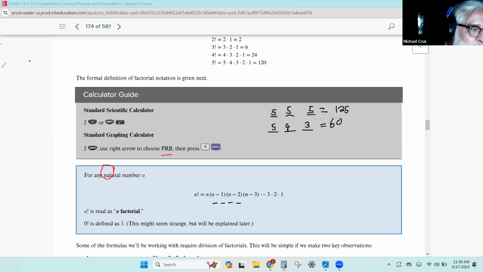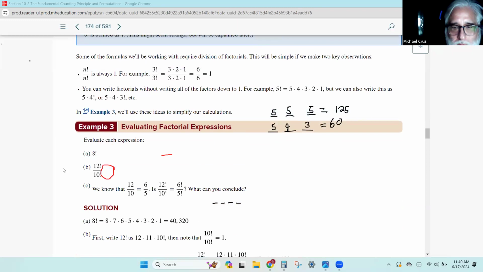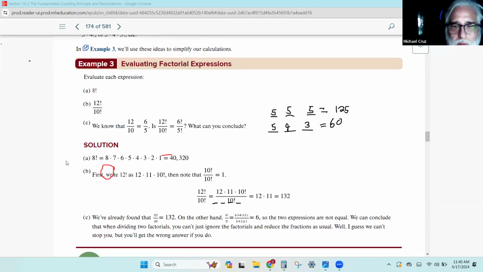There are 3 things under the PRB button: the factorial, and then the permutations and the combinations, and we'll get to those a little bit later. Most of these can be done by just clicking that key.